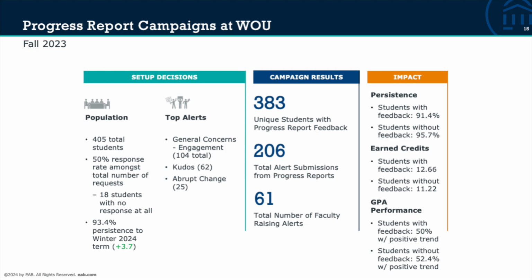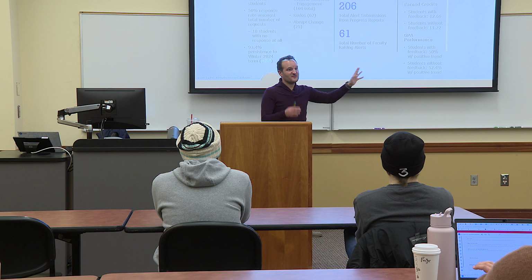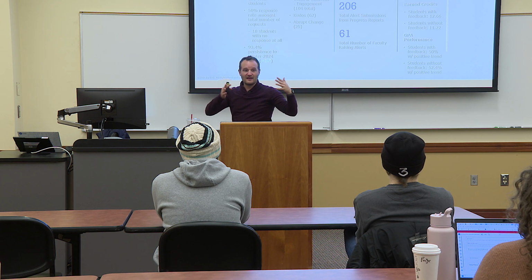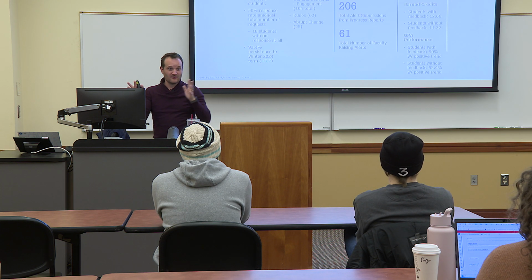So thinking about earned credits and GPA performance. And for this GPA performance, I decided to do trends in GPA, so kind of difference between cumulative and term. But you could also just look at what was their term GPA, what was kind of the overall cumulative GPA. And so, think about what that could look like for y'all. But overall, as you can see, not much of a difference, right, between getting feedback and not getting feedback, right?